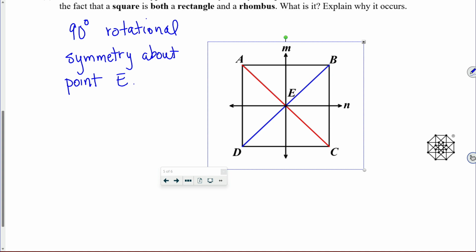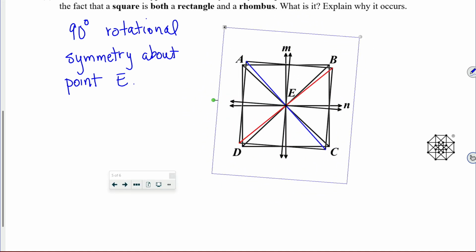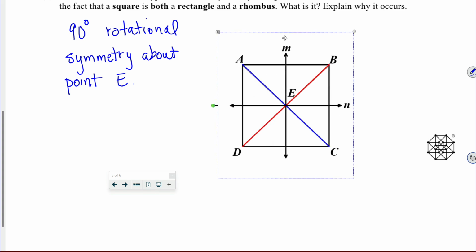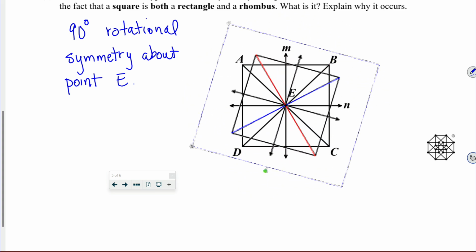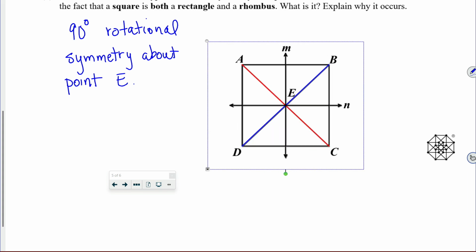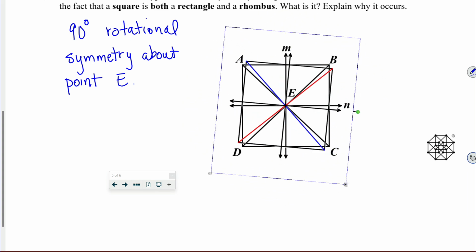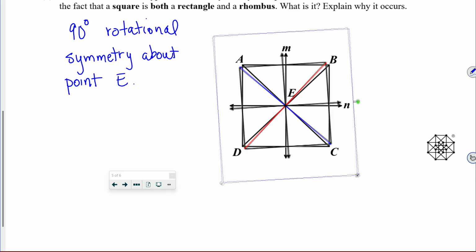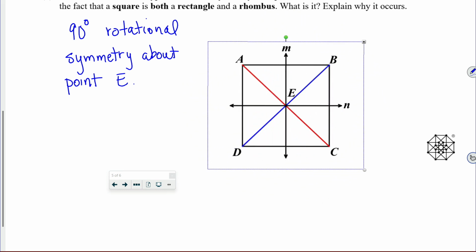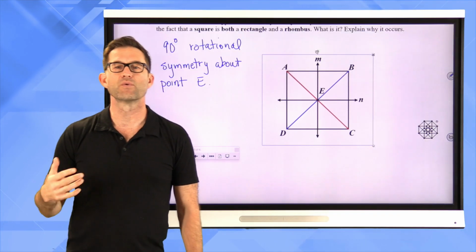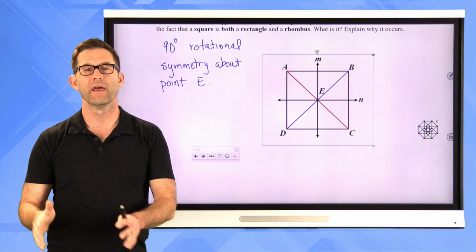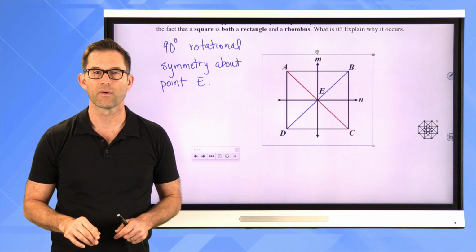If I take my square and I now just rotate it by 90 degrees, it lands on itself. Then another 90 degrees for a total of 180, it lands on itself. Another 90 degrees for a total of 270, it lands on itself. And another 90 degrees for a total of 360, it lands on itself. So when I say 90 degrees rotational symmetry, I'm talking about 90, 180, 270, 360, okay?